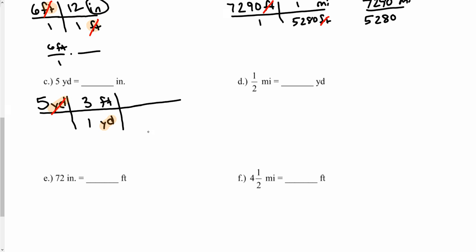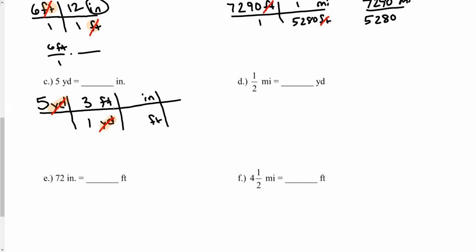And what I have now is my label of feet. But I'm trying to get to inches. So if feet is on top, I'm going to come over here and put feet on bottom. Notice the numbers are the last thing that I put on here, right? I'm just paying attention to my labels, first of all.